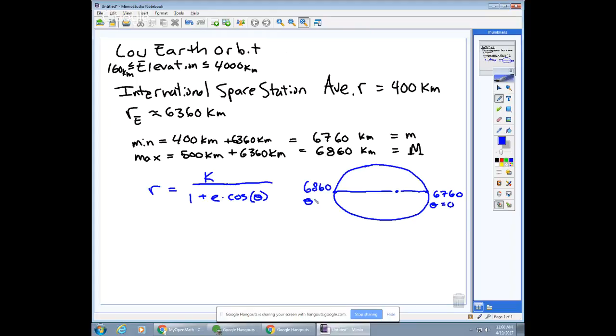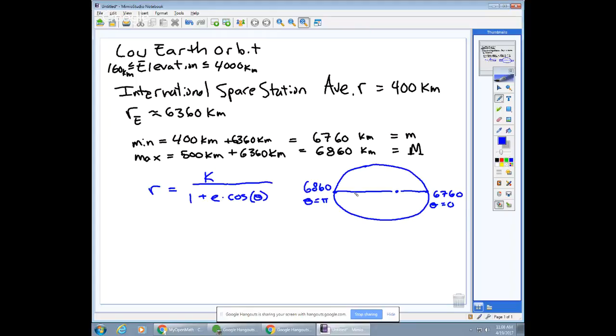And that's going to happen when theta is pi. Now this is really stretched out, because this is such a tight orbit and the distance between them is only 100. This really looks pretty circular, so my image here is very distorted. Just keep that in mind.